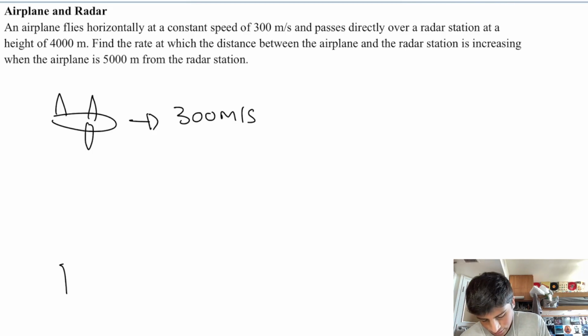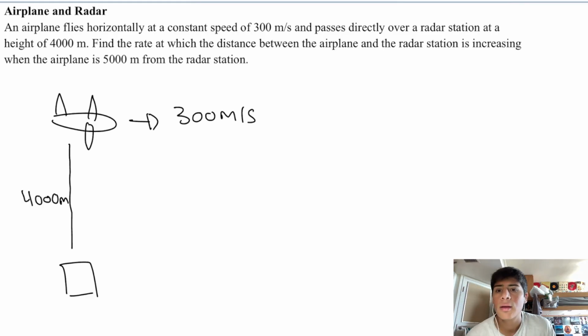Okay, this is our radar station. And this time, it's directly over, and this is 4,000 meters. Find the rate at which the distance is increasing when the airplane is 5,000 meters from the radar station.